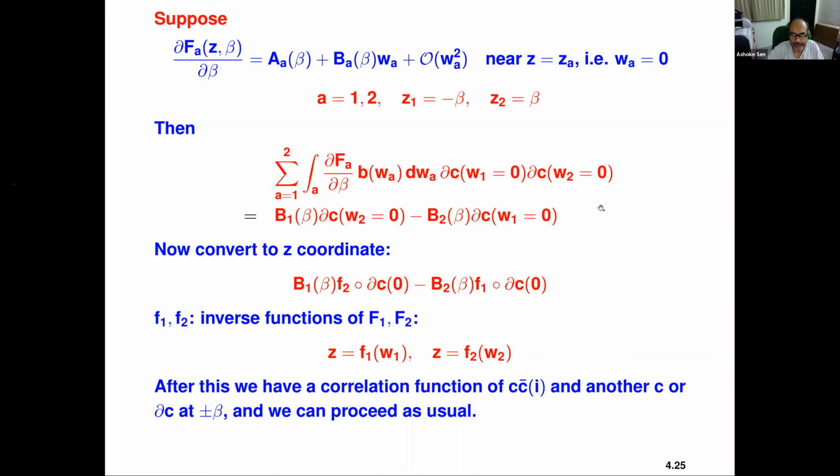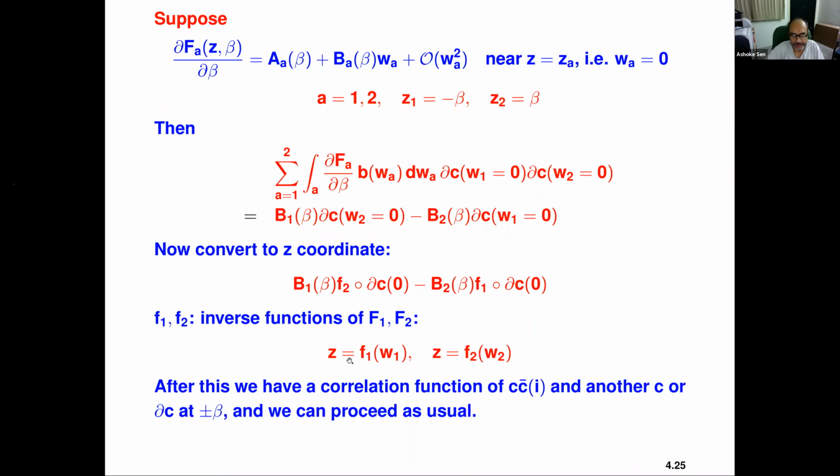After doing this, we are instructed to convert this to the z coordinate, and that of course is done by the transformation that we had earlier. So f1 and f2 are the inverse functions of capital F1 and capital F2. Here we had introduced the capital F by saying w_a is equal to capital F of z, β.